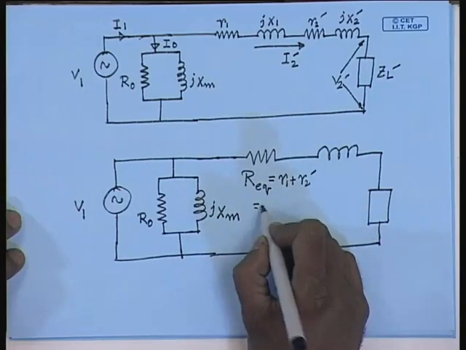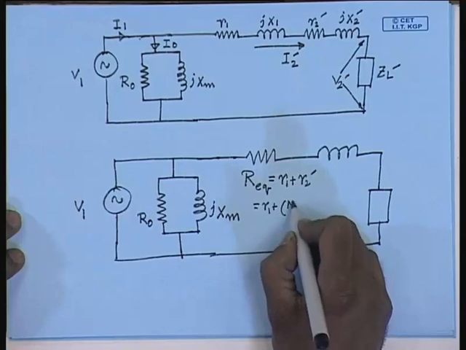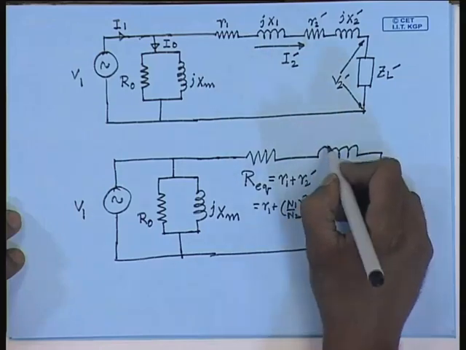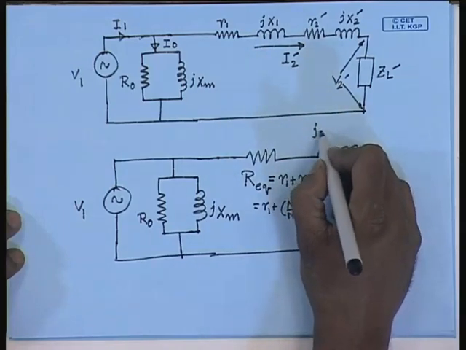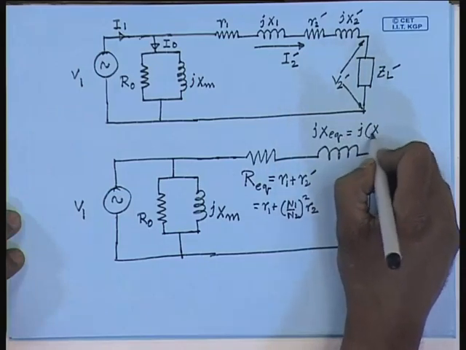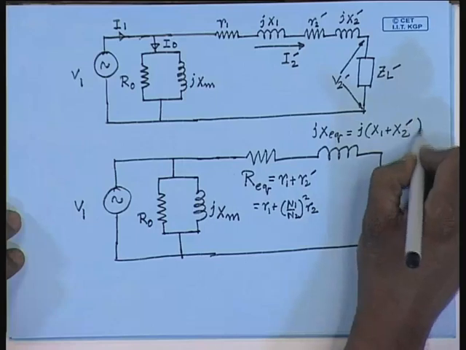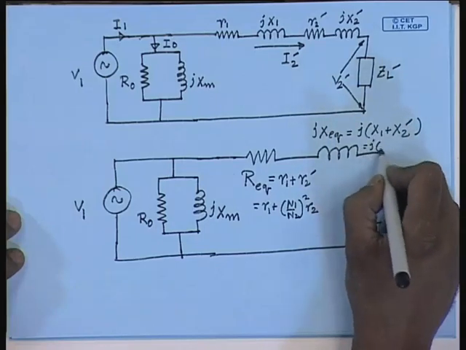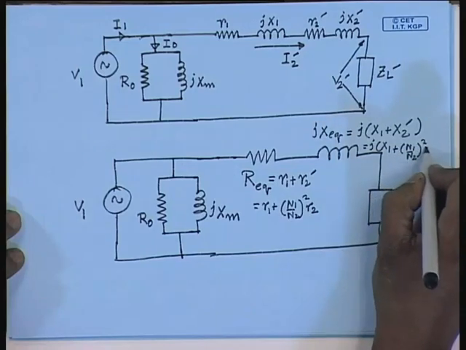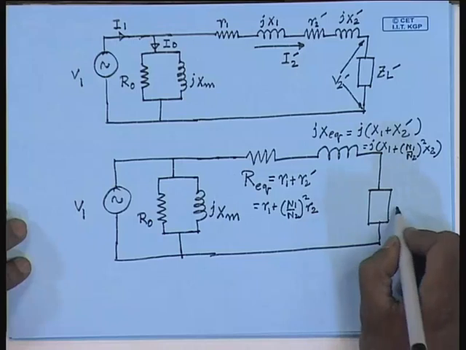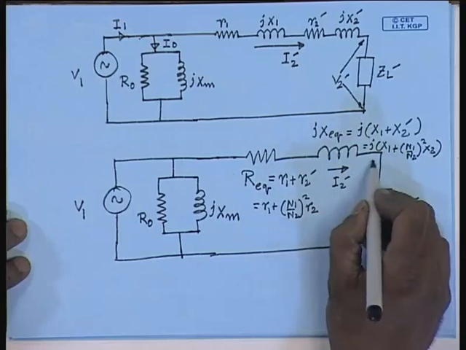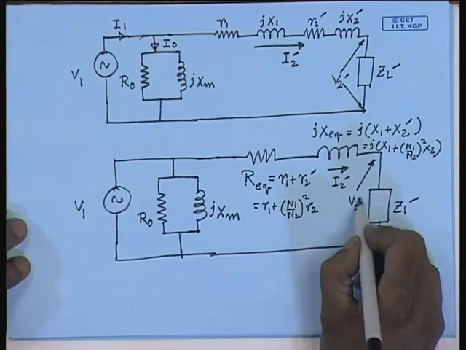Req is equal to R1 plus (N1 by N2) square R2, and jXeq equal to j(X1 plus X2 dash), that is equal to jX1 plus (N1 by N2) square X2. This remains ZL dash, the current is I2 dash, this voltage is V2 dash.